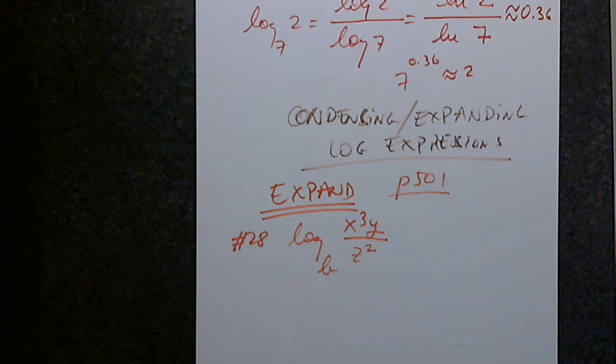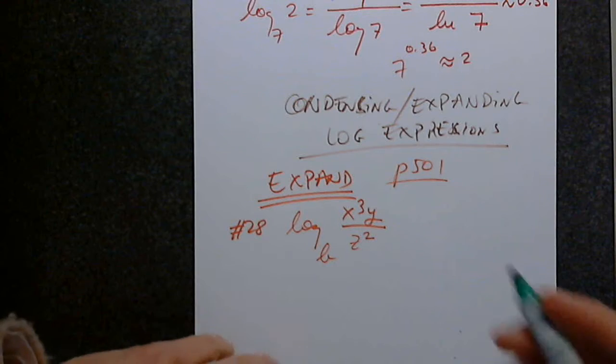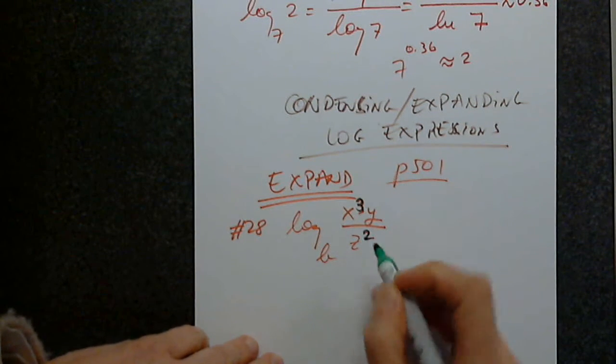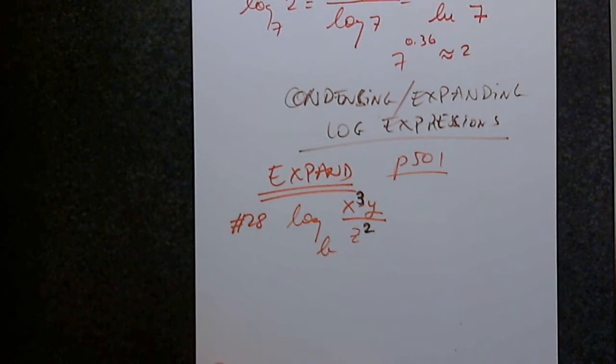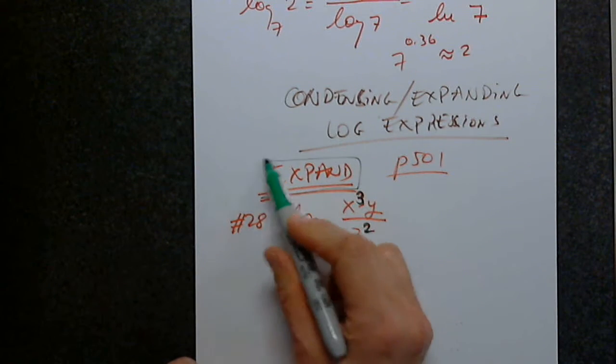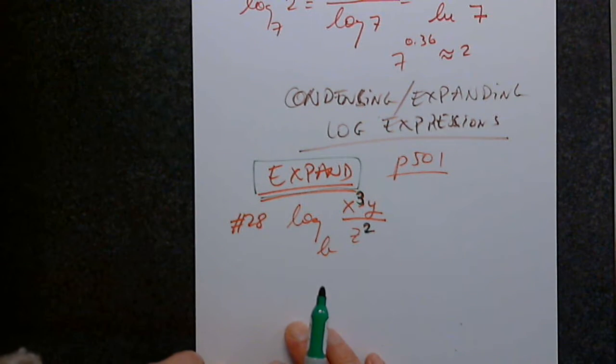X to the third times y over z squared. They're asking us to expand into very simple logs.